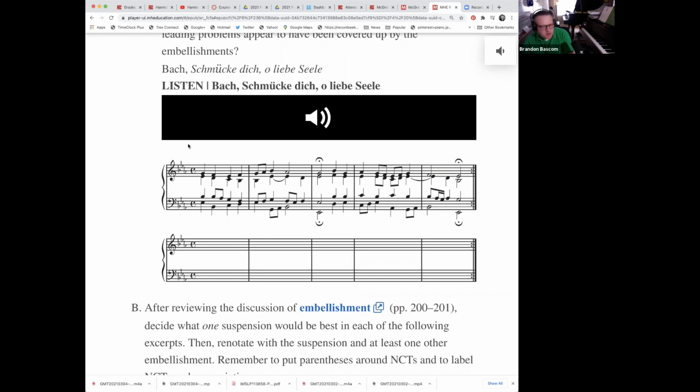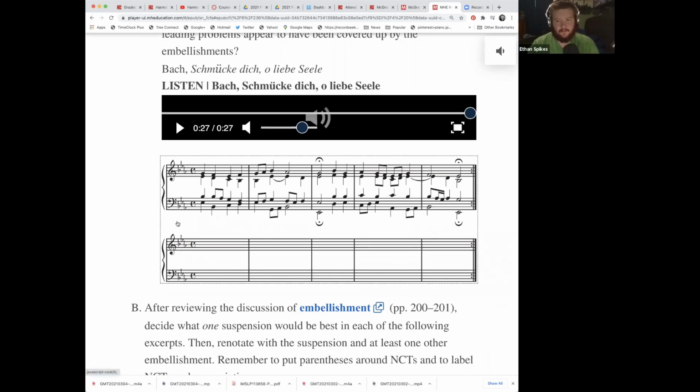Now we got to go find all the non-chord tones because they didn't do it for us. Let's start with an analysis, shall we? What key are we in? E flat major.